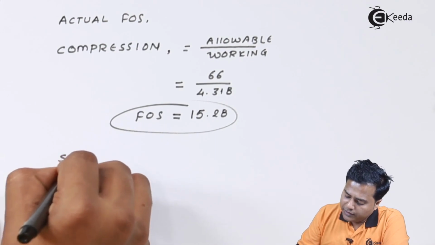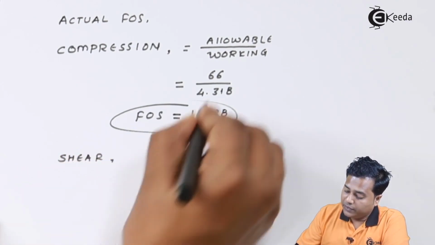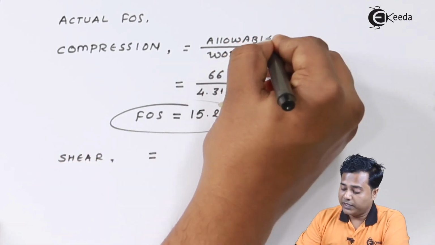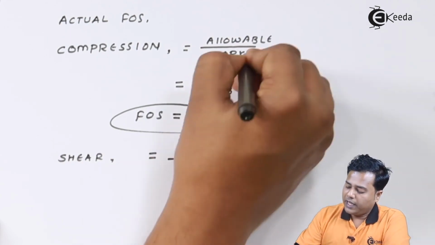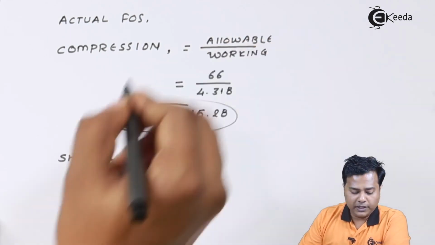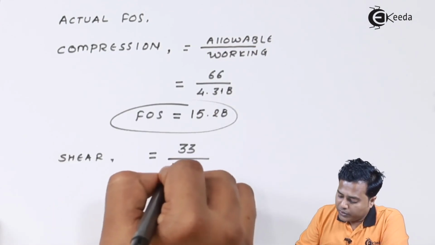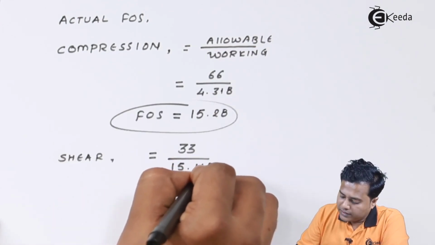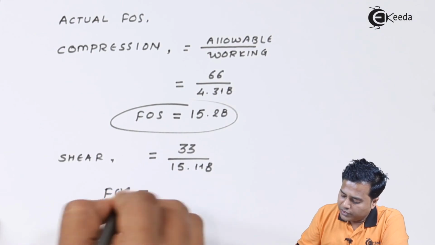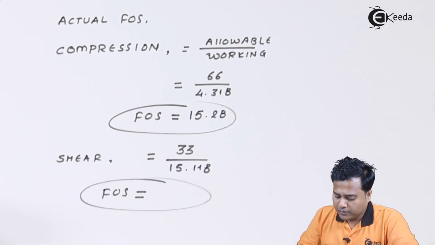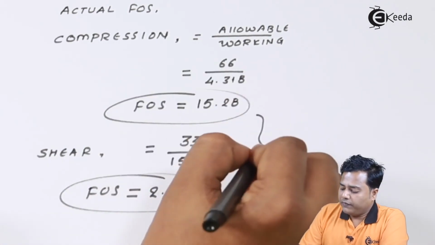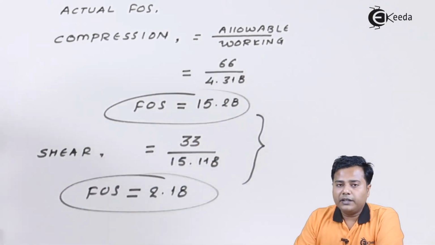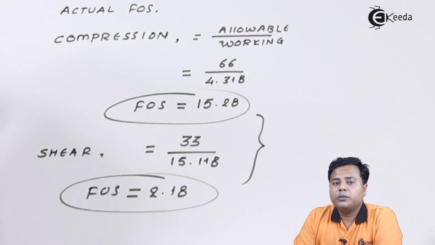Similarly for shear, FOS is again equal to allowable divided by working. The allowable shear stress was 33 in our case, and the working stress which we have obtained is 15.118. So FOS in shear is 2.18. Now in our case the factors of safety are already greater than 1, and hence the design is superficially safe.